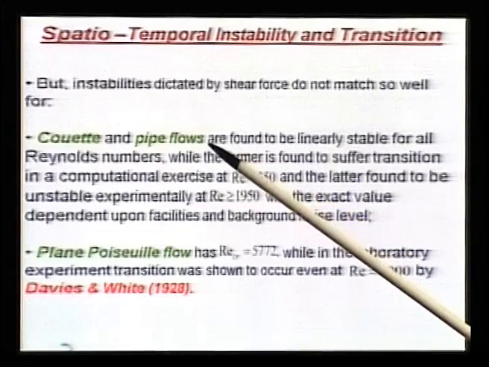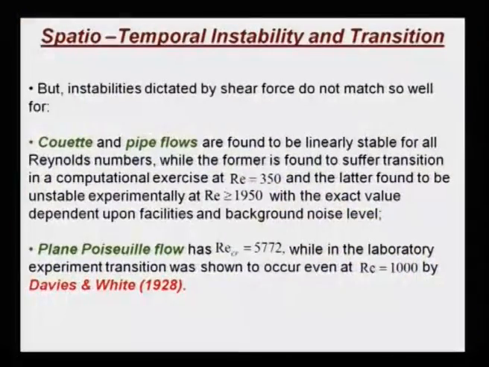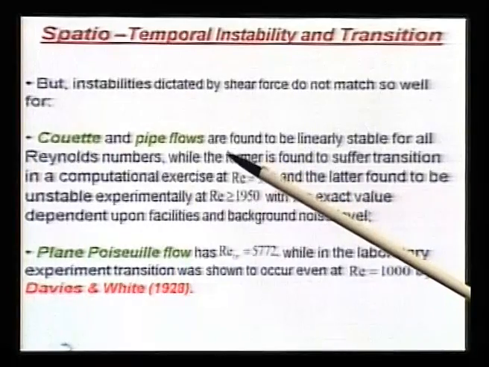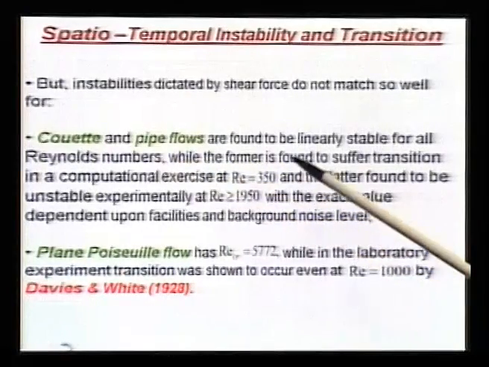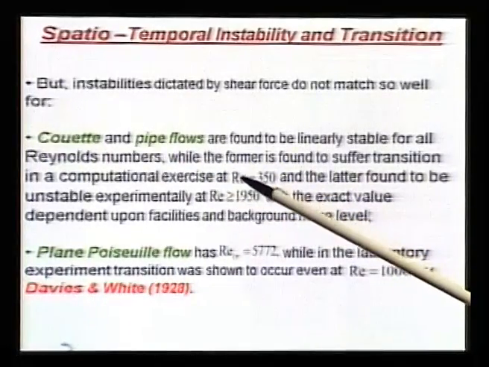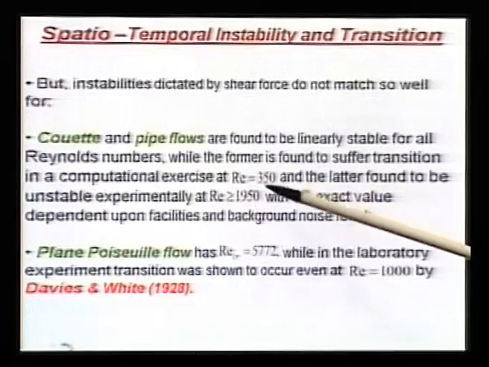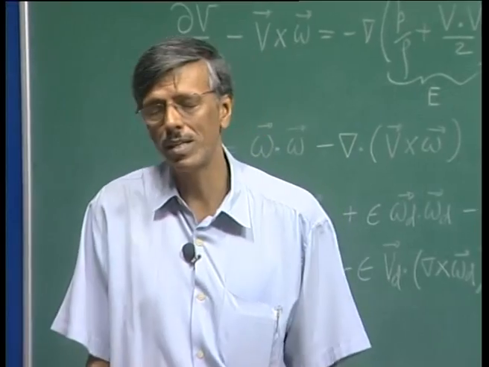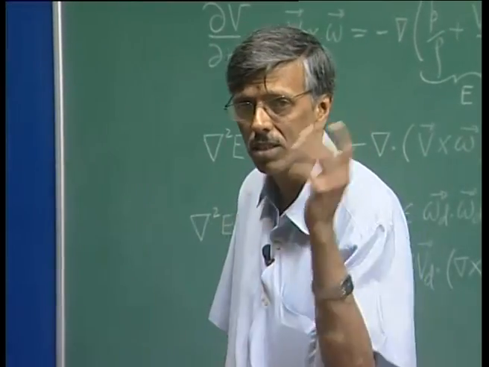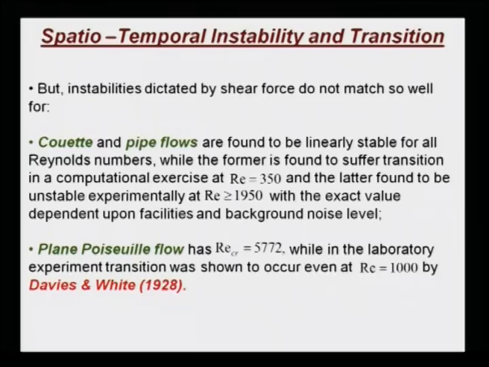So, there is something wrong in that approach that linear stability fails to pick up. For example, Couette flow has been shown in a computational exercise to suffer transition at a Reynolds number of 350, but linear theory says it would not be unstable at all.